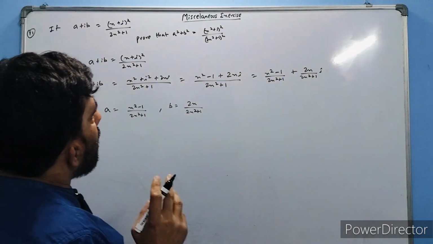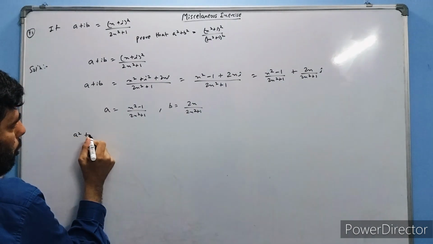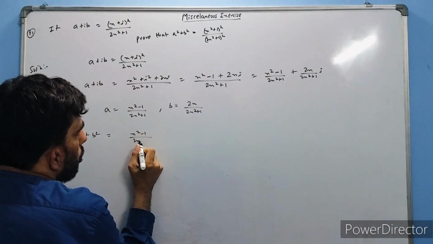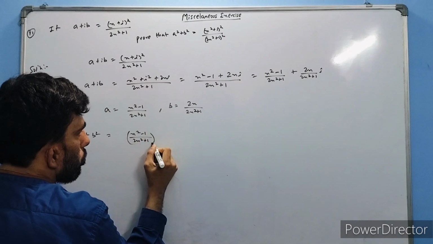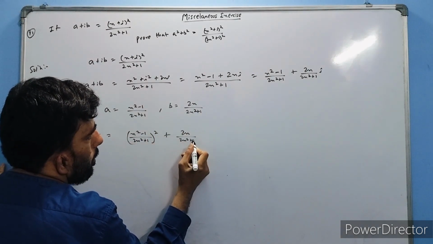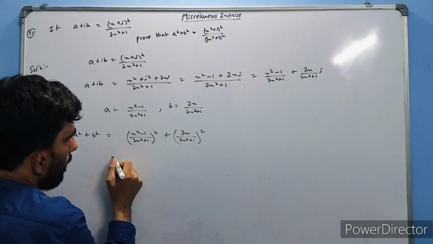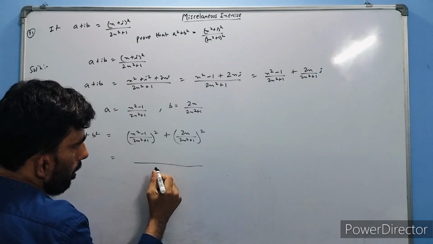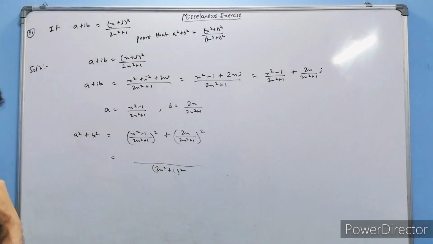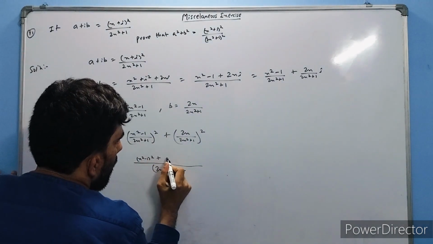Now we need to find a square plus b square. So let us try. a square plus b square will be ((x square minus 1) upon (2x square plus 1)) whole square plus (2x upon (2x square plus 1)) whole square. So if I take the LCM here, that is (2x square plus 1) whole square, it will be (x square minus 1) whole square plus 4x square.